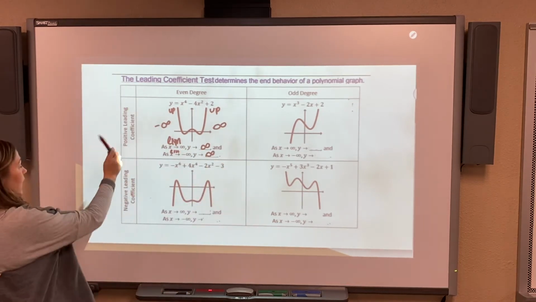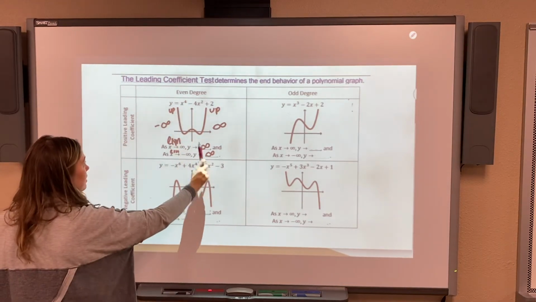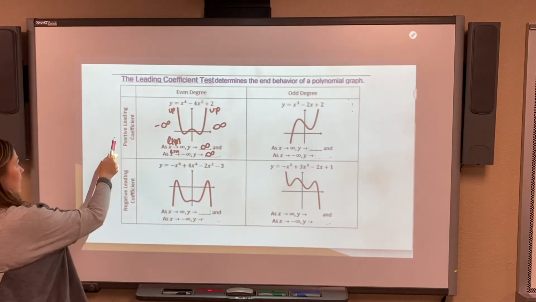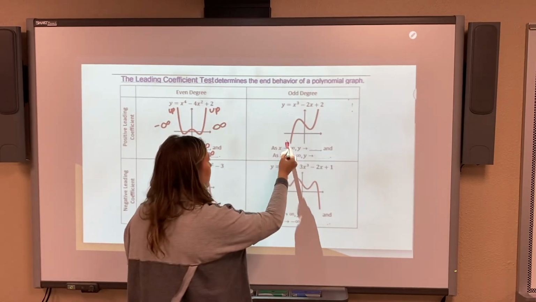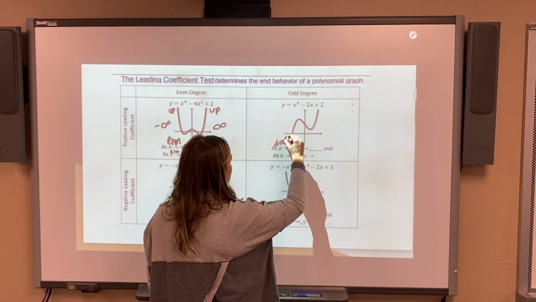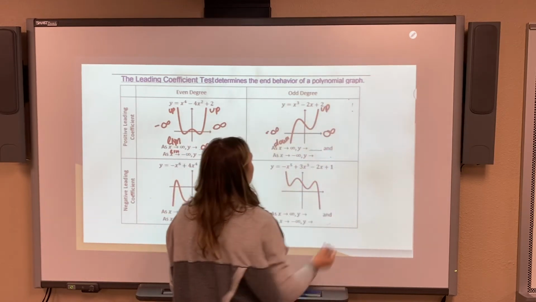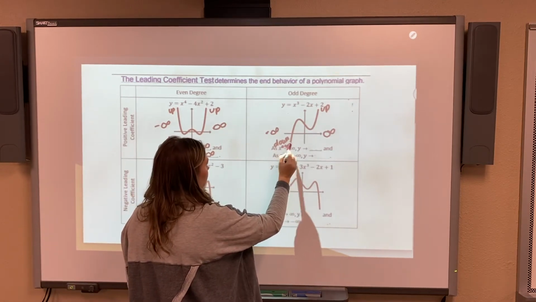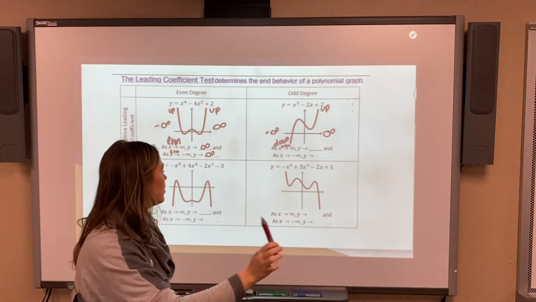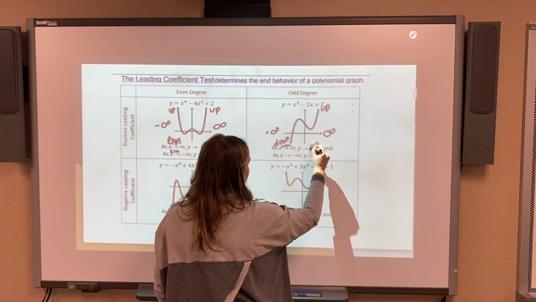So if you have a positive leading coefficient of even degree, the ends are going to be the same. If we have a positive leading coefficient of an odd degree, they're going to be opposite. Here, this is down, this is negative infinity, and this is up, this is positive infinity. As the limit as x approaches infinity, the right side, our y values are going up, so that would be positive infinity.